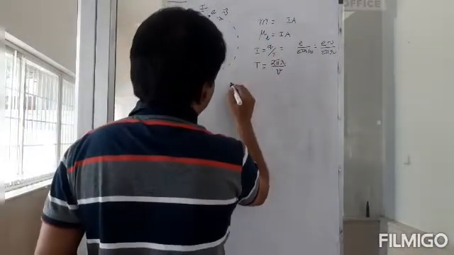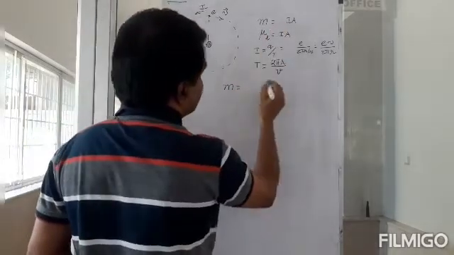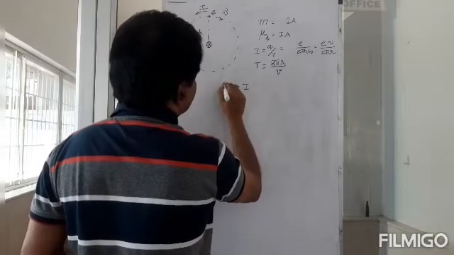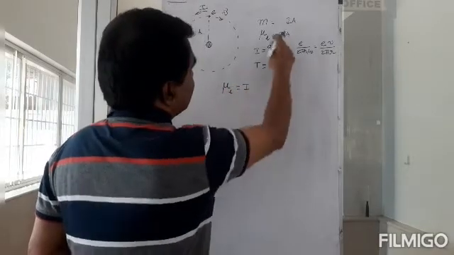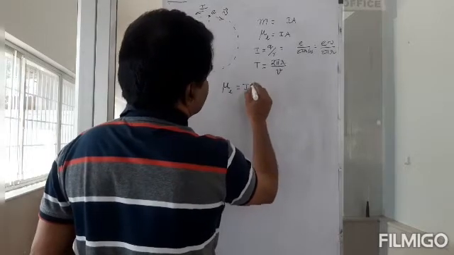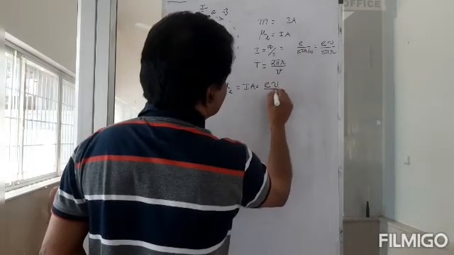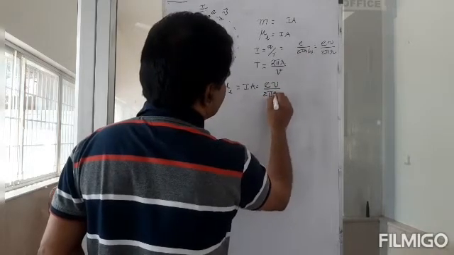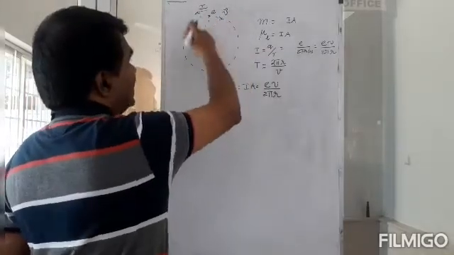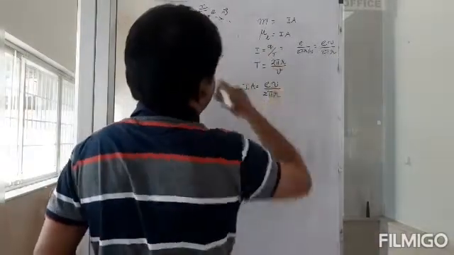M is equal to I into A, or I should say mu L is equal to I into A. What is my I? I is EV by 2 pi r, as found there. A is the area of the loop, which is pi r squared.